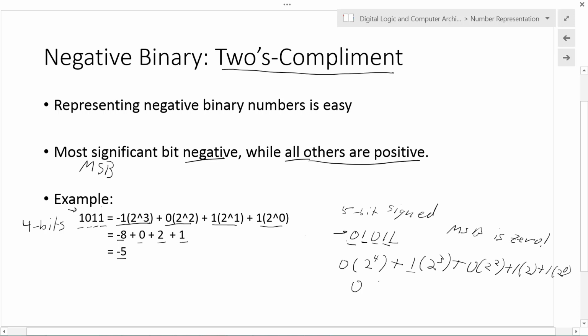We get 0 plus 8 plus 2 plus 1. 8 plus 3 is 11. Different from this number here, negative 5. And all because we declared the number of bits to be different. So bear this in mind.